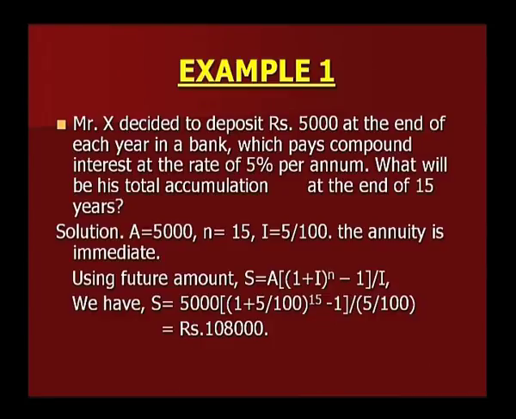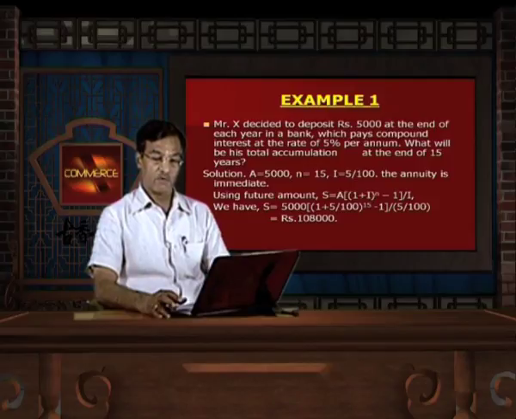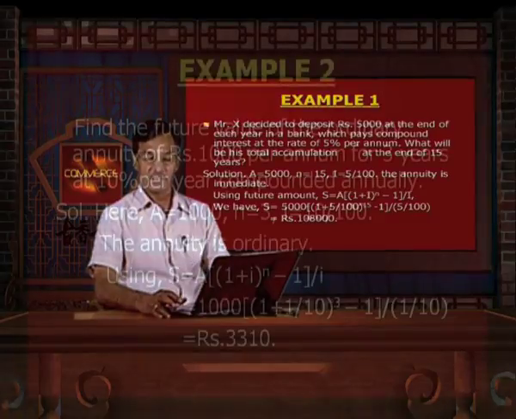The annuity is immediate, therefore, using the future amount S is equal to A [(1 plus i) to the power n minus 1] whole divided by i, we have S is equal to 5,000 multiplied by [(1 plus 5 upon 100) to the power 15 minus 1] whole divided by 5 upon 100, that is equal to rupees 108,000. This calculation is performed by using logarithmic calculation or a scientific calculator.